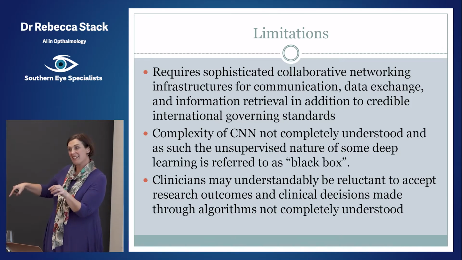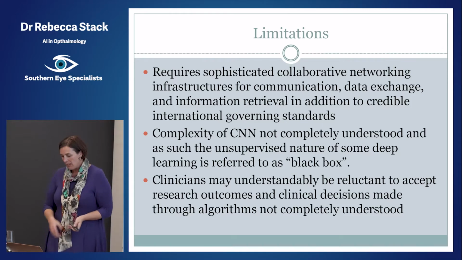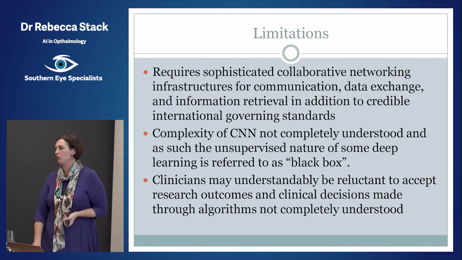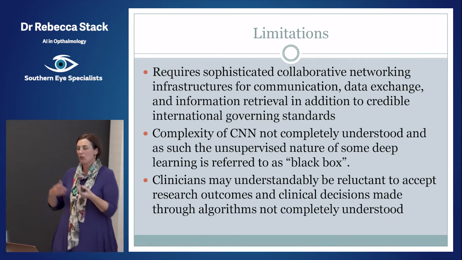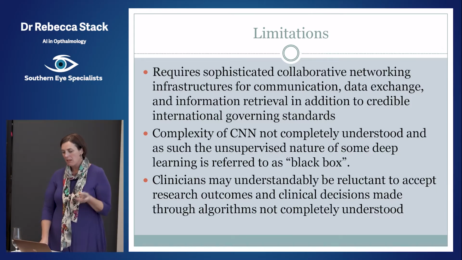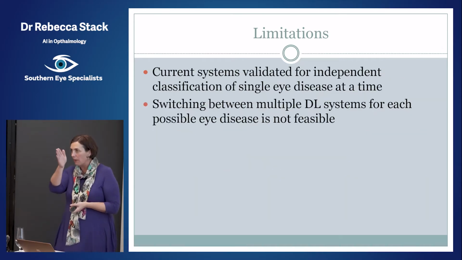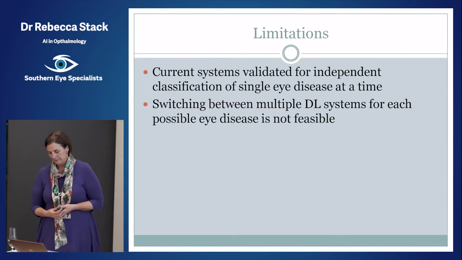The answer's right, and it's what you wanted it to tell you, but the bit in between is all a bit unknown. And that's pretty difficult for us to trust as clinicians who want evidence and want to know exactly how it's got there. So people would be quite reluctant to accept some of this if it's not proven and shown how it all works.